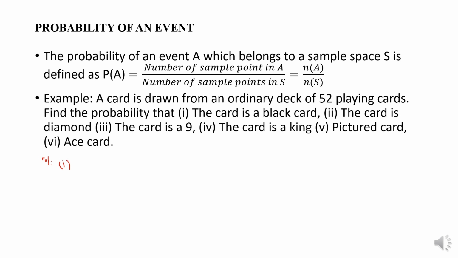Let A represent the event that the card drawn is a black card. So the number of black cards is 26, the number of sample cards is 52.